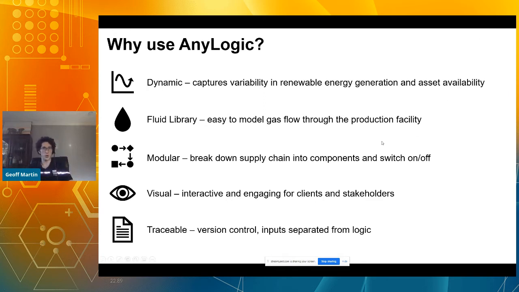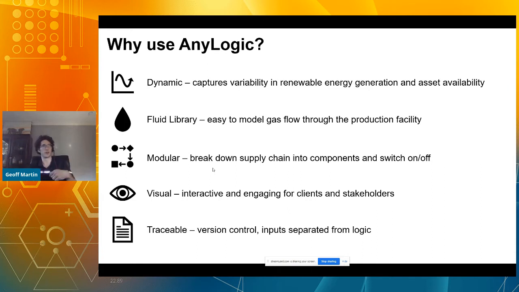It's modular, so we can break the supply chain down into components and switch things on and off depending on what scenario we want to evaluate. So, different capacities we might need. If beyond a certain point we need more water, we need to turn on a water desalination plant, because then we exhaust our water supply.